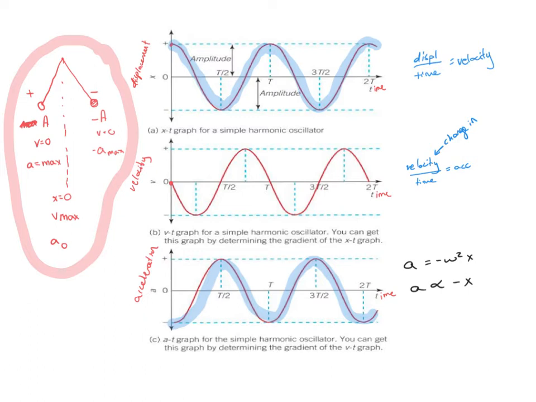Also, another key point to mention here is sometimes the graphs don't necessarily always start at or have a cosine function. They could actually start from zero, the displacement time graphs, which means that they will have to follow a sine function. So instead of being x is equal to a cos omega t, it will be x is equal to a sine omega t. And remember that sine always acts from this point onwards.